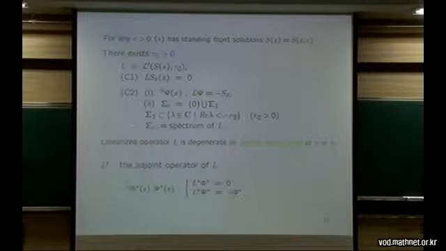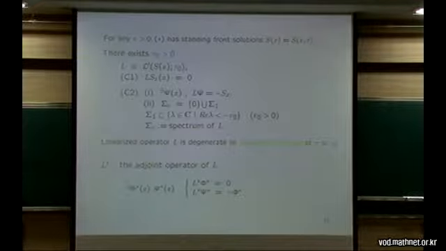Okay. Well, how about the spectrum of L? The spectrum of L contains two sets. One is zero. The other one is completely in the left half plane of the complex plane. Okay. So properties C1, C2 say that the linearized operator is degenerate in Jordan block type at tau equal to tau naught.